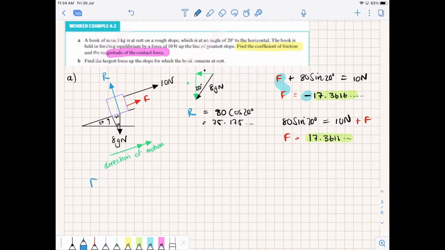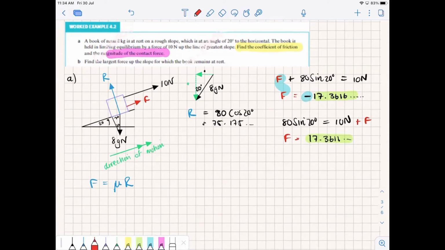So if friction is equal to the coefficient of friction between the two surfaces and the normal contact force, well, we were able to calculate our friction. Our friction is 17.3.